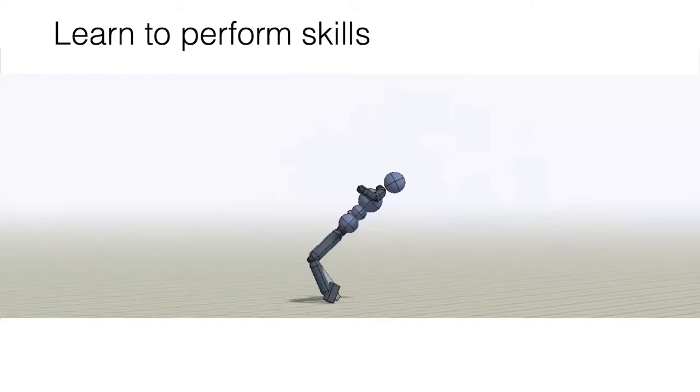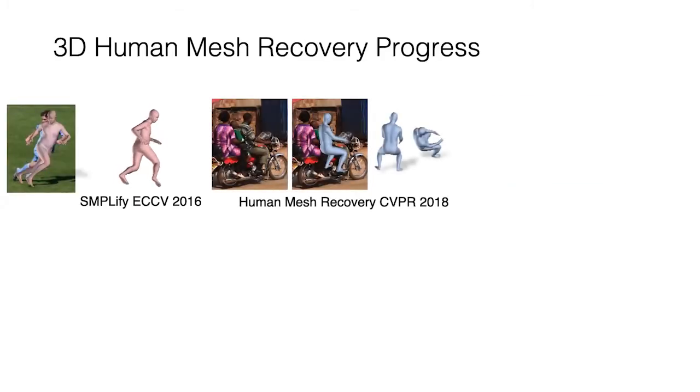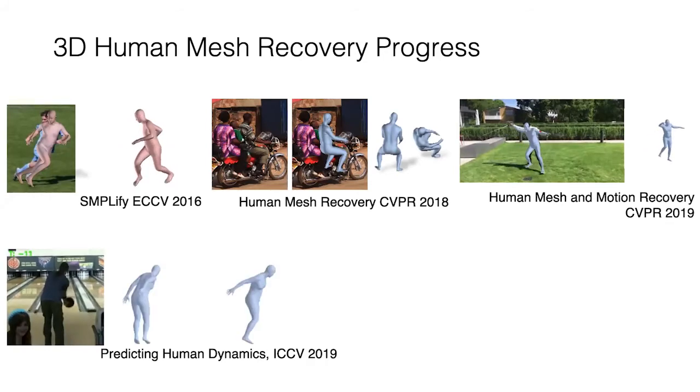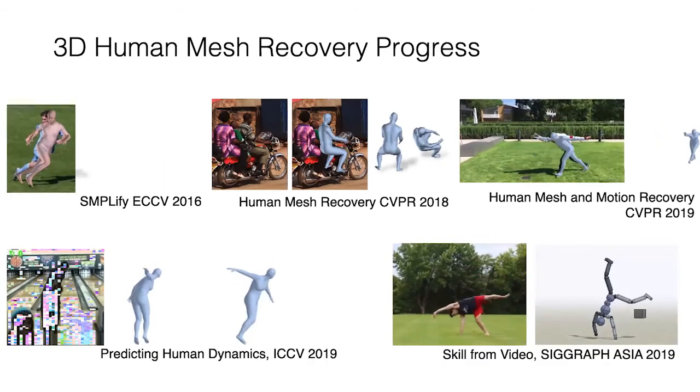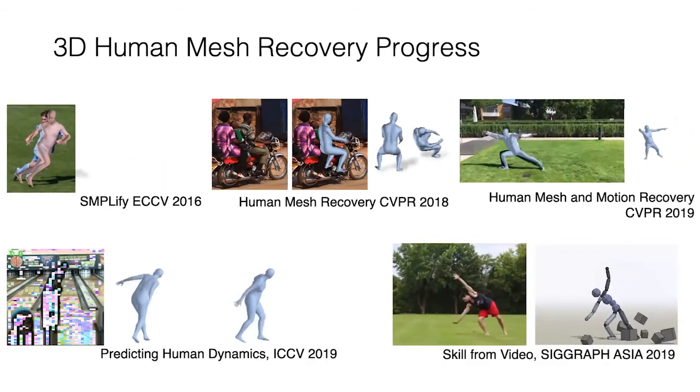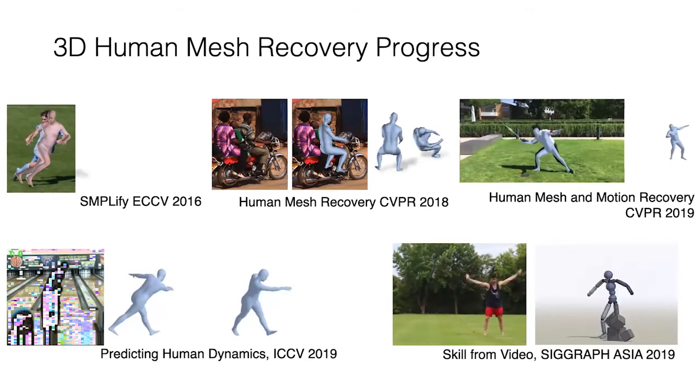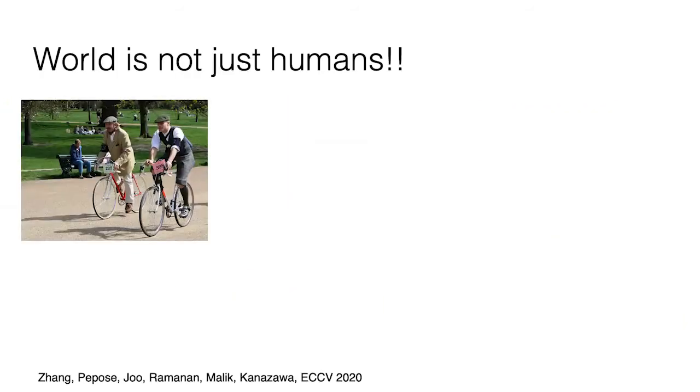So there's been a lot of progress in 3D human mesh recovery. And the more we do this, the more we're starting to feel that, you know what? We're making a lot of good progress in perceiving humans, but the world is really not just about humans. Humans are constantly interacting with the environment, and we really would like to understand them in the context of what's happening around them, including the objects and the scene.